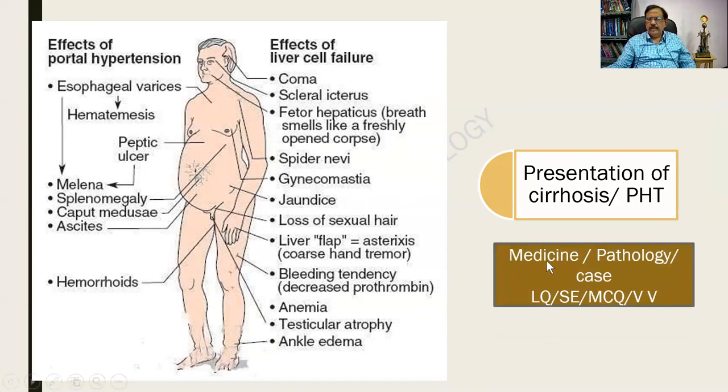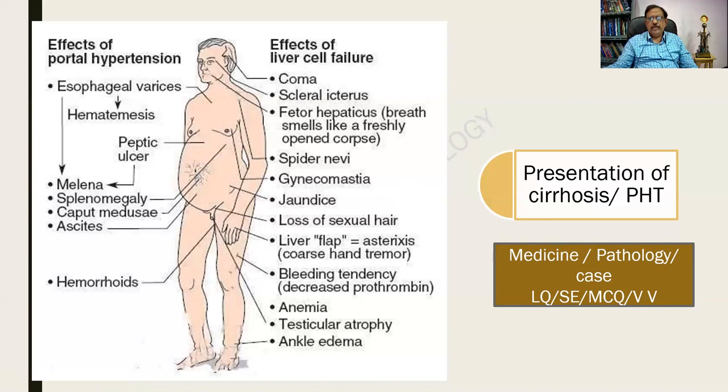So this is it. In medicine, it can be a long case. In pathology also, it can be following a clinical history. It can be a long question, a short essay, MCQ, or viva voce. In any of this. This is one area, something like the bare area of the liver, which the students do not touch. That is why pertinently I had given this.